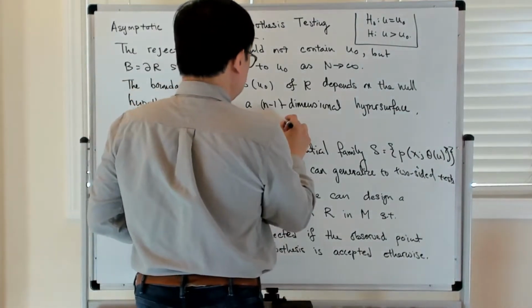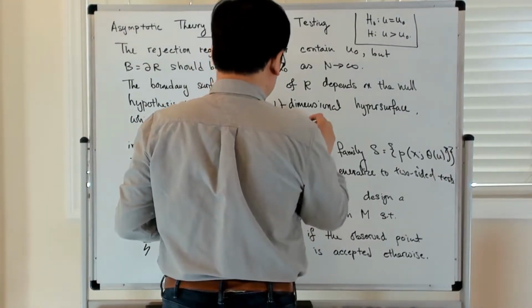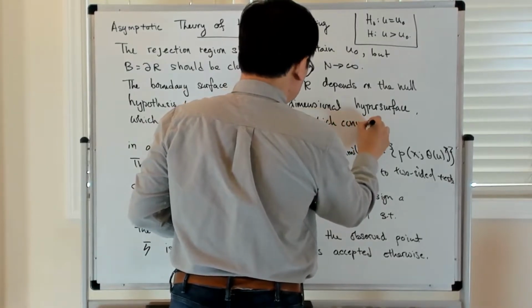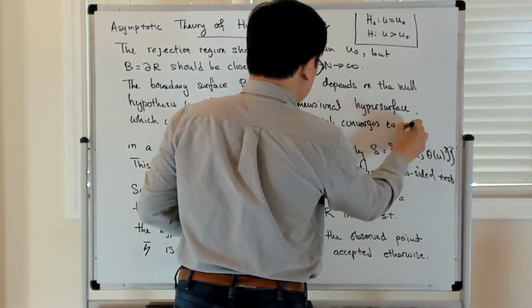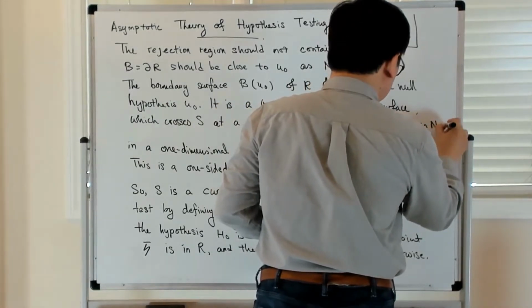Let's call that U0 prime, which converges to U0 as n goes to infinity.